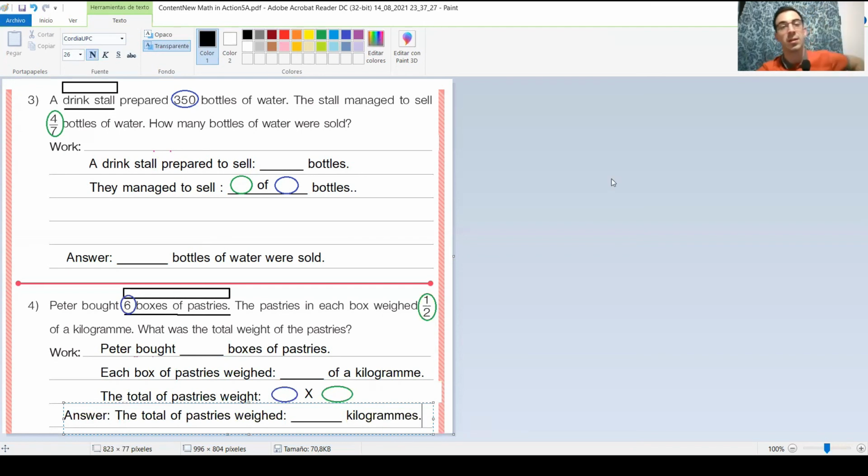Okay, so that's all we are going to do until here. One more time, in this exercise number 4, you have to translate this expression, 6 boxes of pastries, and then fill in these numbers. How many boxes of pastries, how much is the weight of each box, and do the operation.